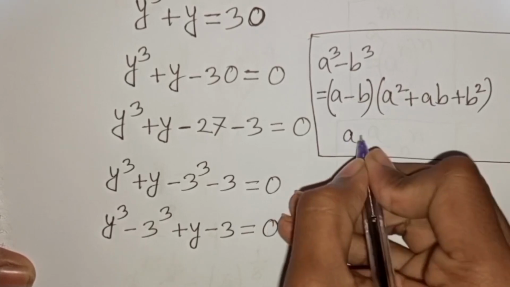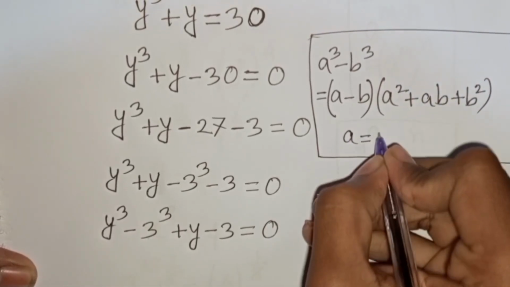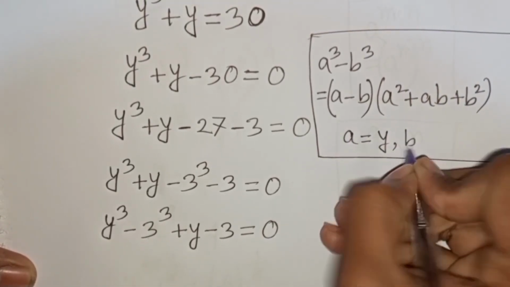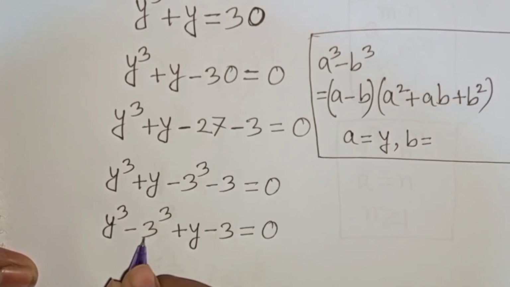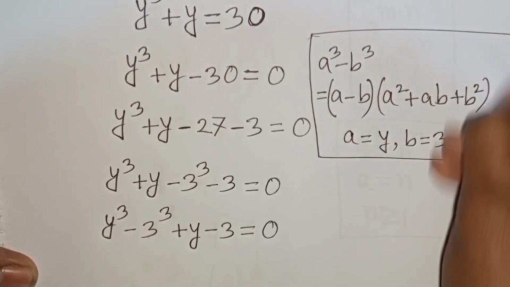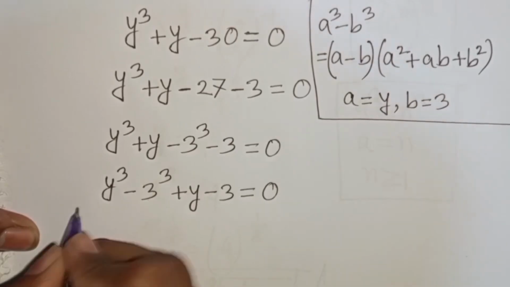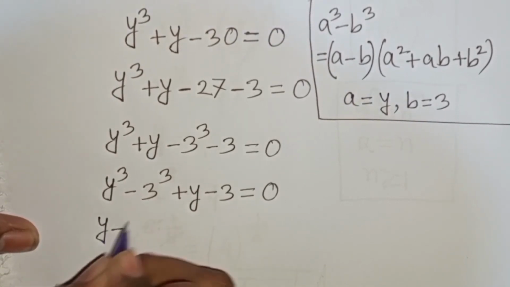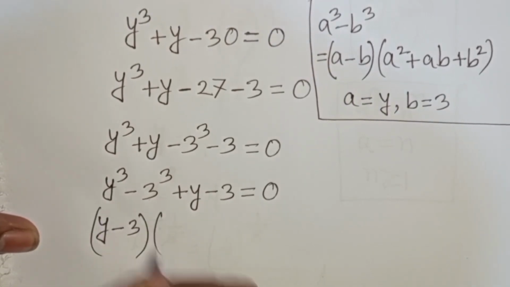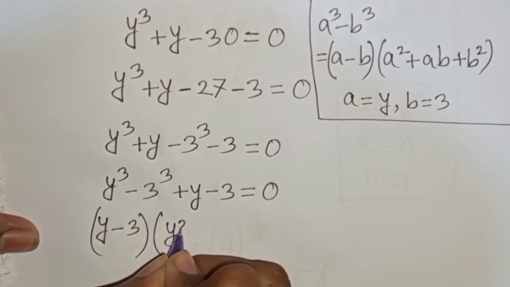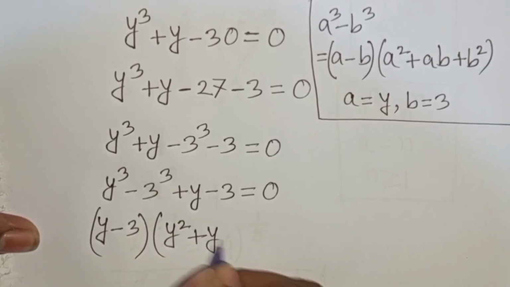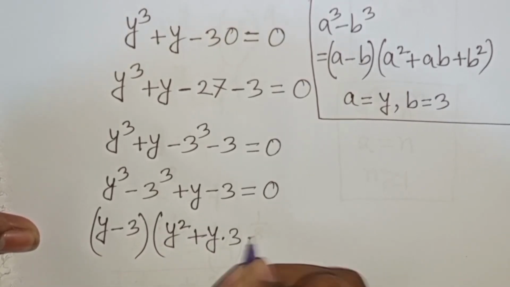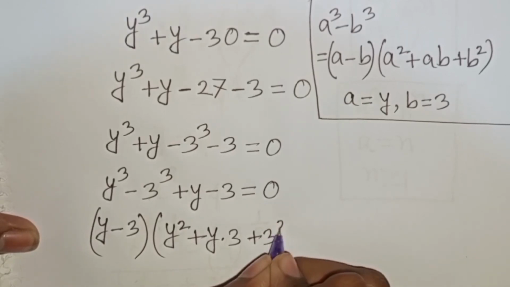Here a will be equal to y, then b will be equal to 3. So I can write here y minus 3 times y square plus y times 3 plus 3 square.